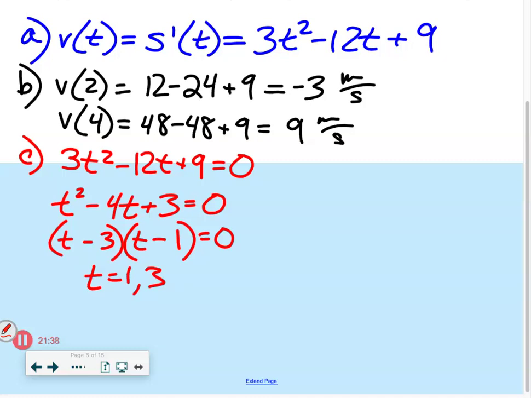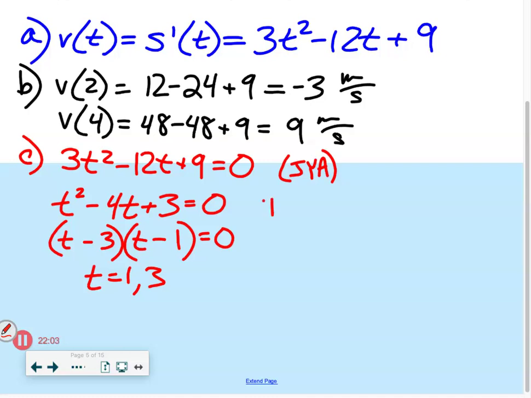Now, suppose I asked you this question and I added these 3 beautiful letters. Justify your answer. All right, so when you have to justify your answer, it means I want to see the word because in there somewhere. I'm looking for a because statement. So here's what I would say.